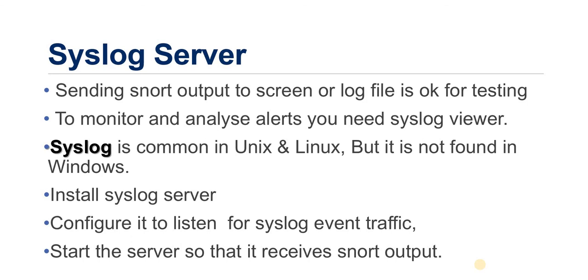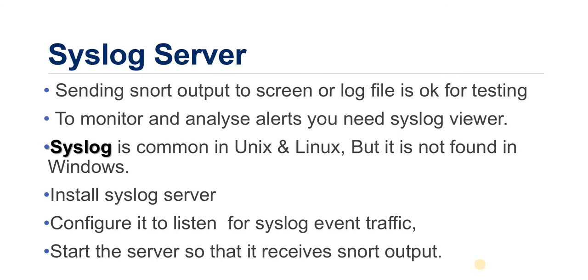If you want to monitor and analyze the alerts, you need the Syslog viewer. Syslog is common in Unix and Linux operating systems, but it is not found with Windows. So install the Syslog server on your system and configure it to listen for Syslog event traffic.